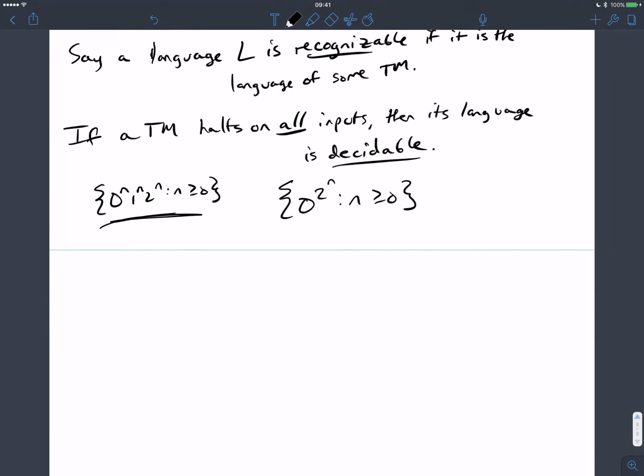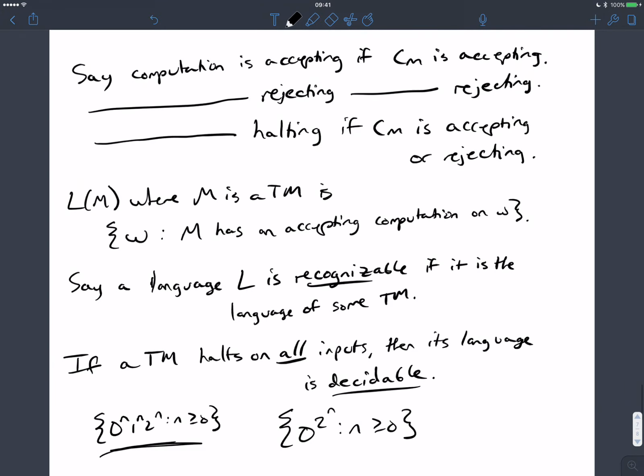Just to summarize, a recognizable language would be something that is accepted, right? If you make a Turing machine for a language, it already is recognizable. For a recognizable language, I require that all the strings in the language halt and accept.